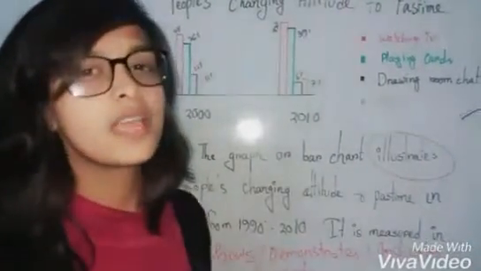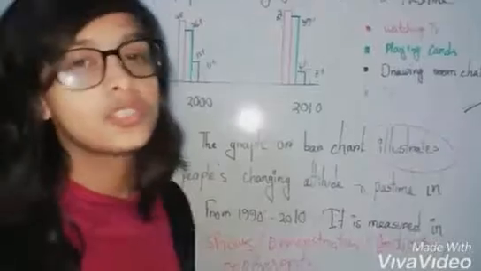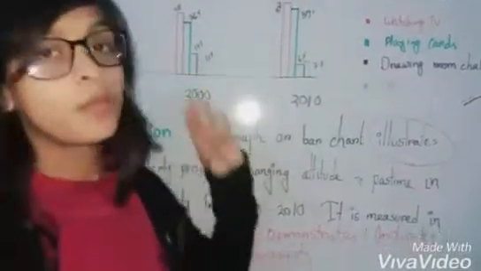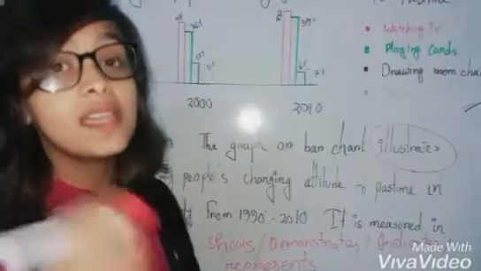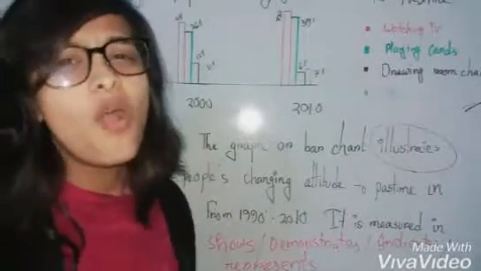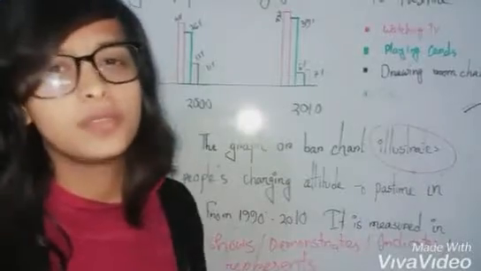We can also say that according to the bar chart, or we can see from the bar chart, or it is clear from the graph, or it is clearly evident from the graph. All these phrases are possible.